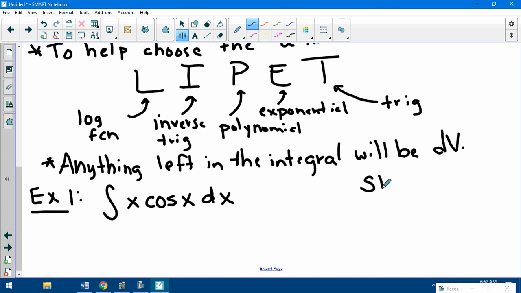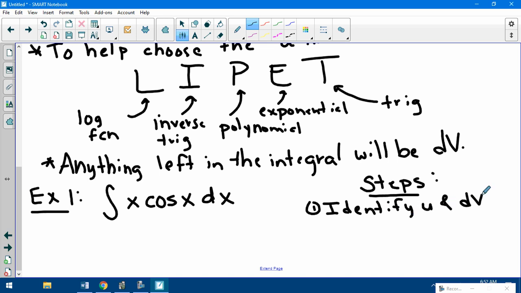So here are the steps. Step 1 is identify u and dv. We've got to figure out what part of this integral needs to be u and what part of it should be dv. So I usually write it like this. Here's u, and here's where LIPET comes in. Is there any log function in here? Nope.